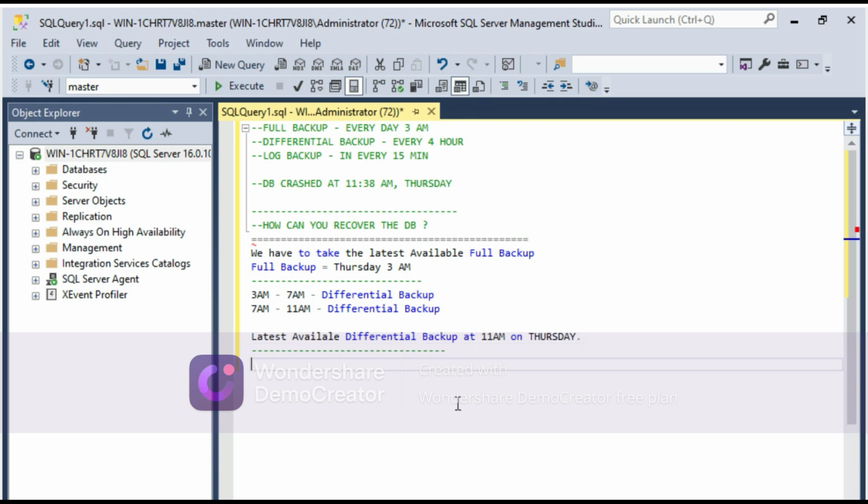Okay, so our DB has crashed at 11:38. After that, every 15 minutes the log backup is going on. So till 11 a.m. we have the backup. After 11 a.m., till 11:15 a.m. we have a log backup.